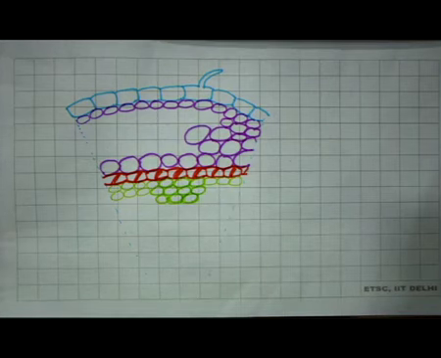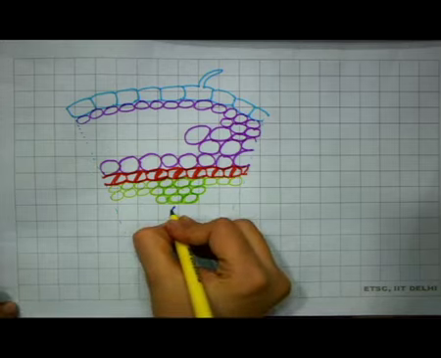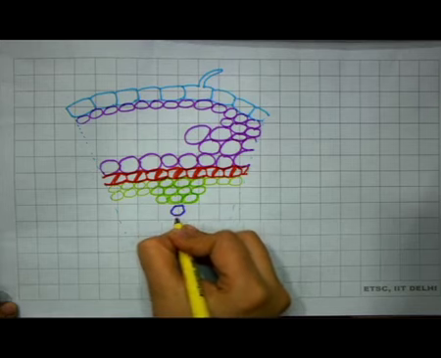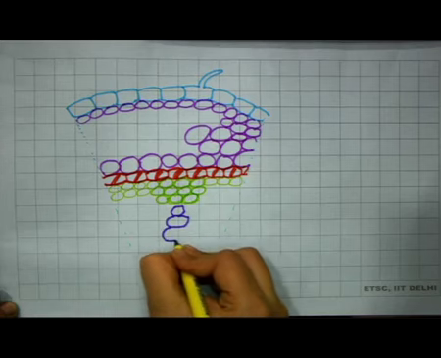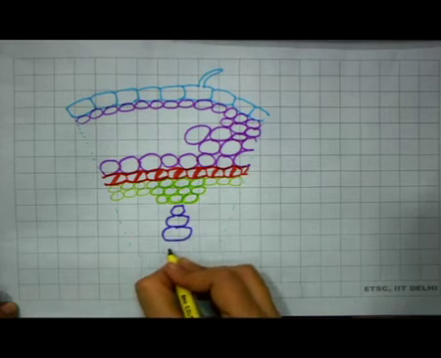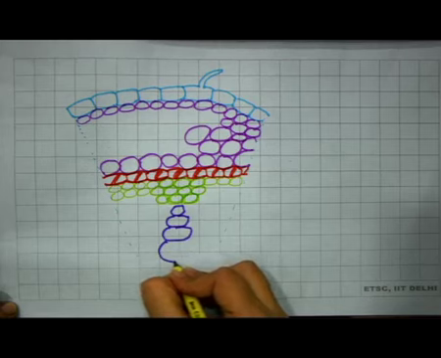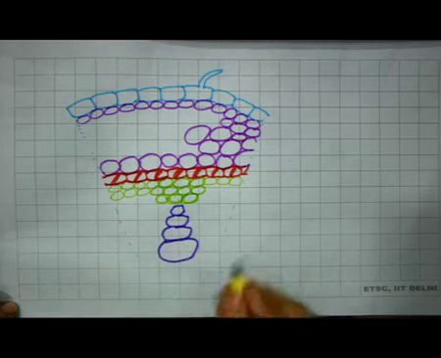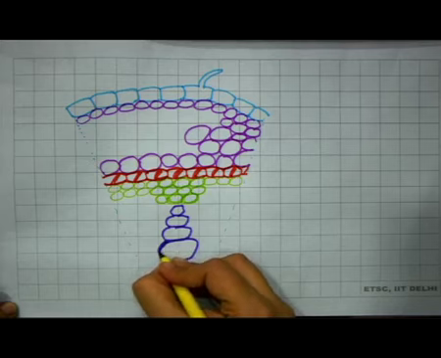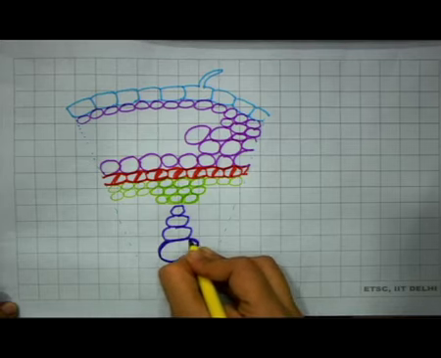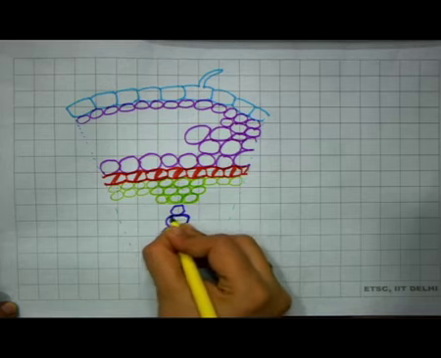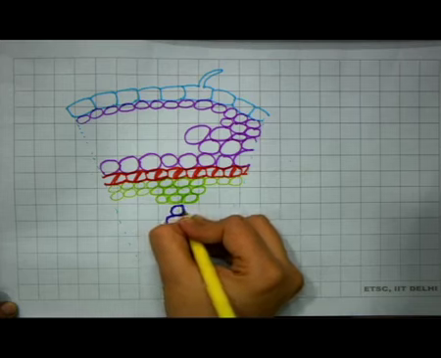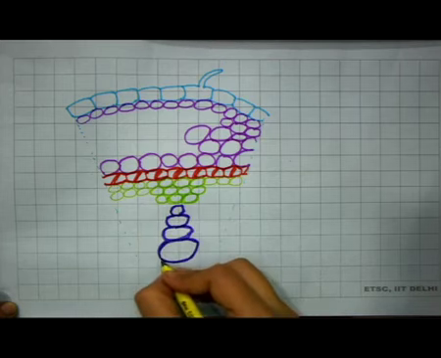Then comes the xylem and the phloem. As we said, the protoxylem is towards the outer side. We will try to draw some polygonal cavities showing the protoxylem, that is the smaller and narrower cavities, and larger cavities will be used to show the metaxylem. This is how we can draw xylem.